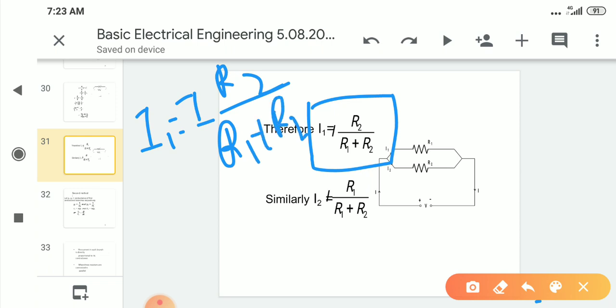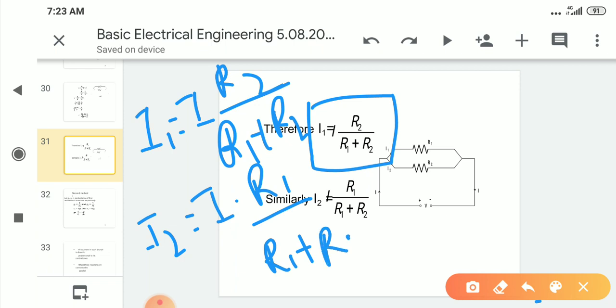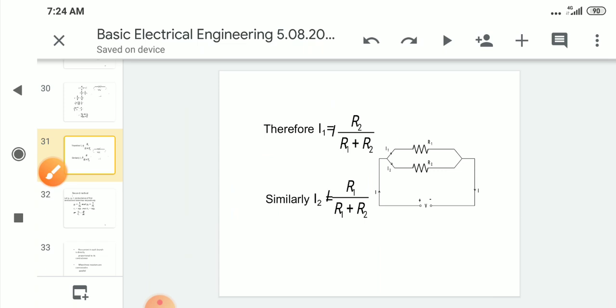Like that, I2 is equal to total current into its opposite resistance R1 by R1 plus R2. So I1 is equal to total current into its opposite resistance by sum of the resistances. Why do we call it the opposite resistance?